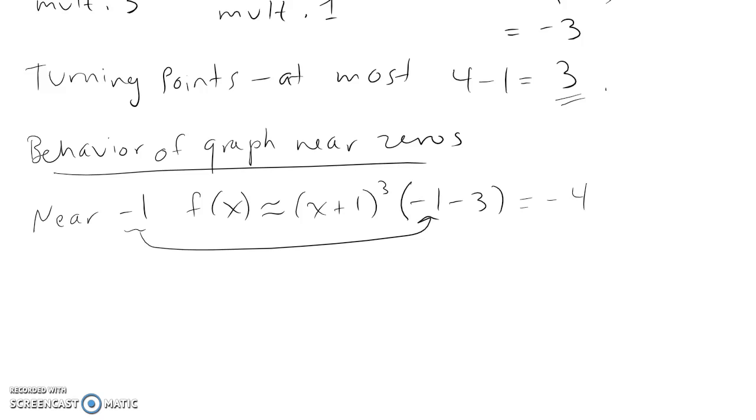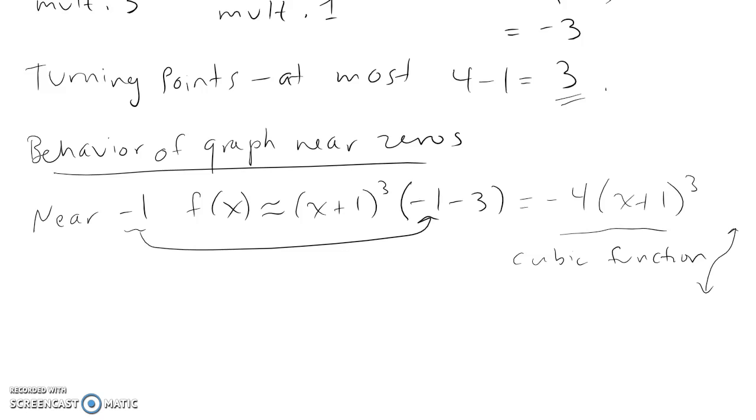That gives me about -4 times x plus 1 cubed. So near -1, my graph is going to act like a cubic function. And that's what we said.